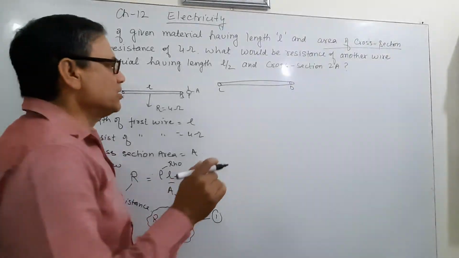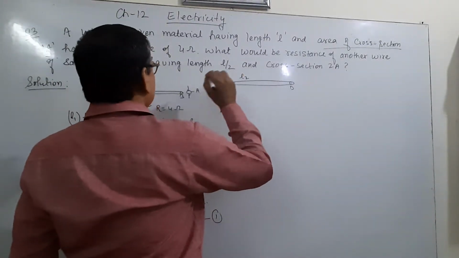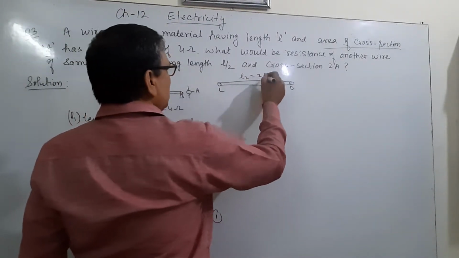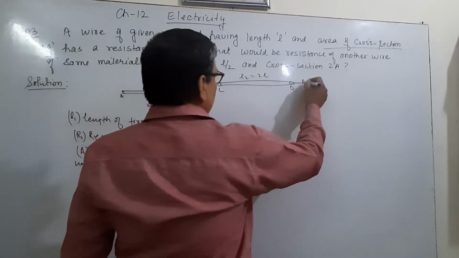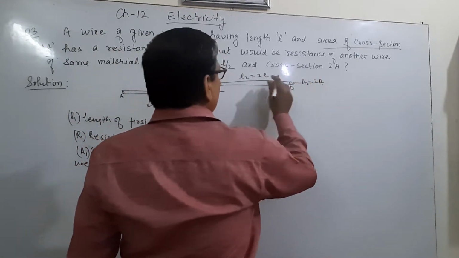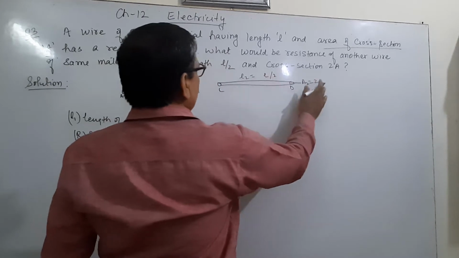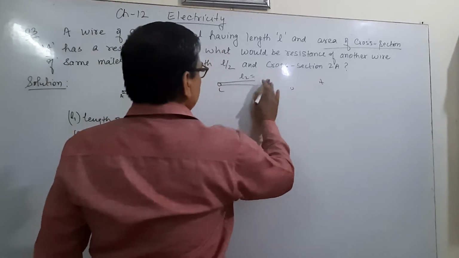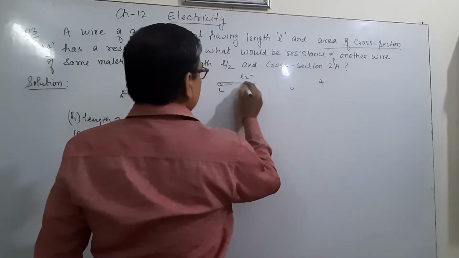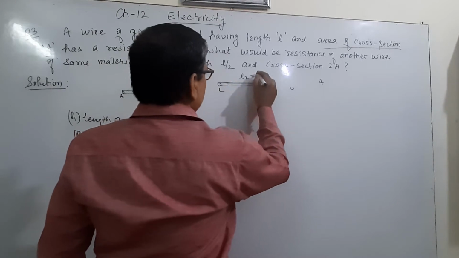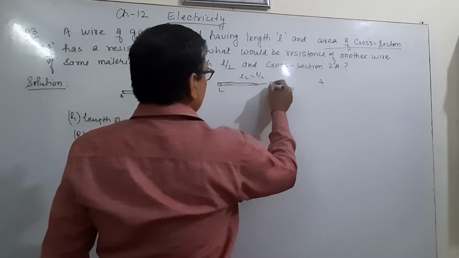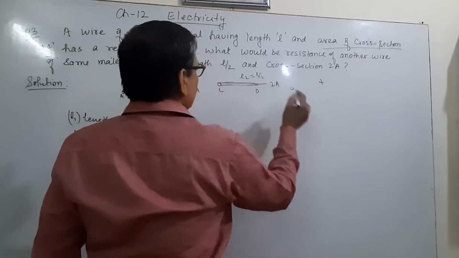It means the length L2 is half, L by 2, and the area A2 is double, equal to 2A. This is CD.